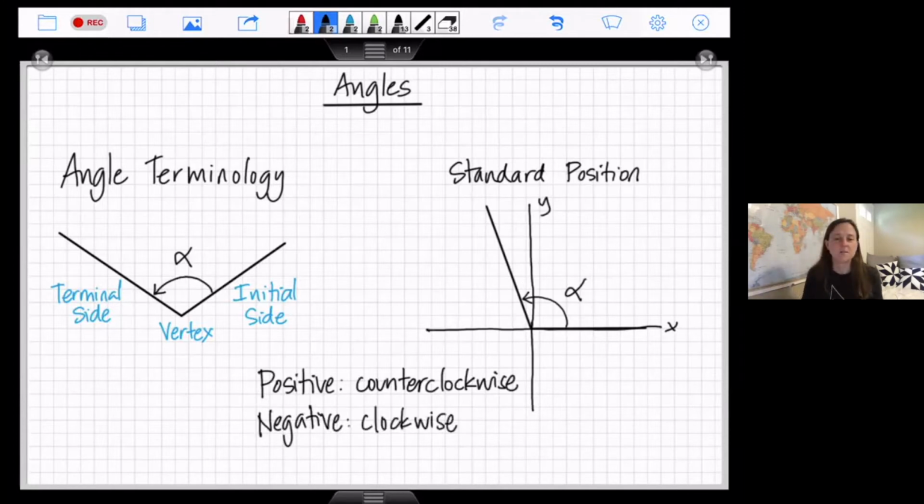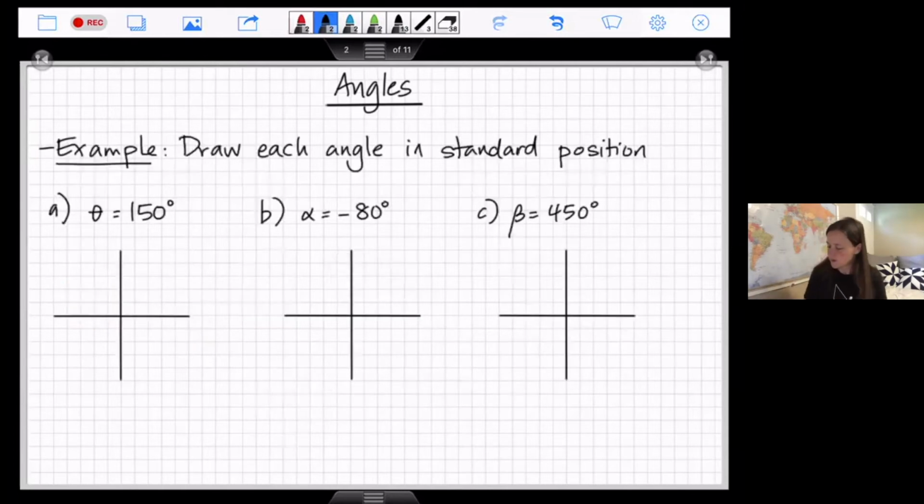All right, so let's get some practice drawing angles in standard position. Here I've got three angles, theta, alpha, and beta. So again, lowercase Greek letters that we see. And we want to draw these in standard position. So we know that we're going to start at the positive x-axis. For 150, that's a positive degree measurement. We're going to rotate counterclockwise 150 degrees.